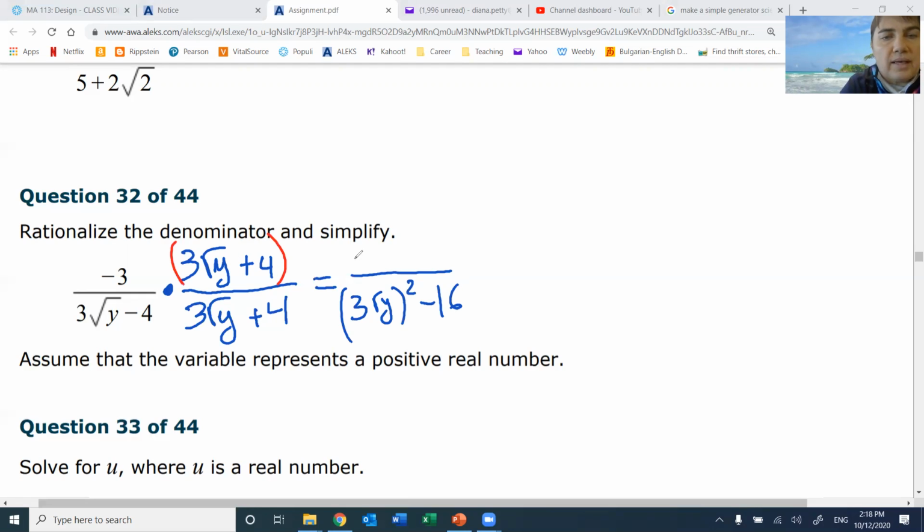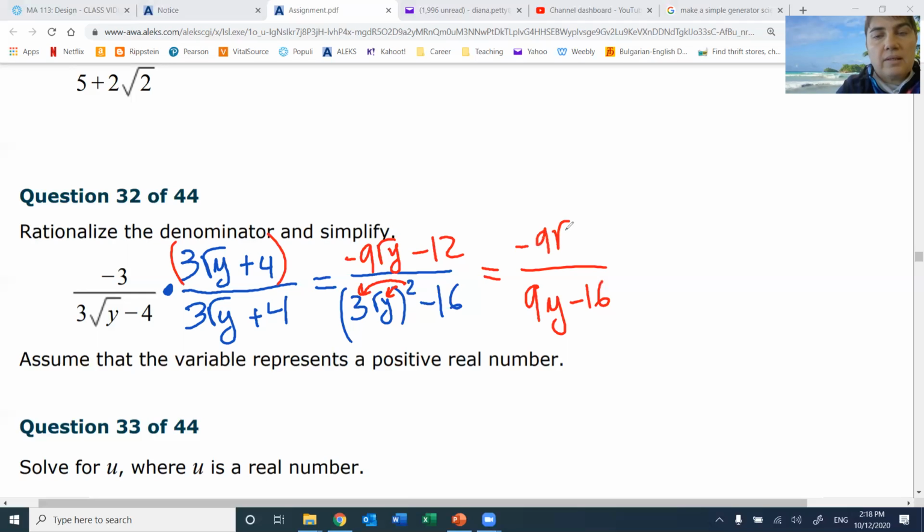So the top would be negative 9 square root of y, negative 12. The denominator would be 9y minus 16. And the top looks like that, and you just abandon it like that.